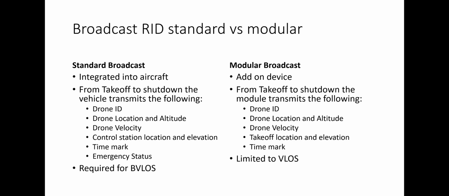Sorry, another question about the GCS. If this module on the drone is transmitting a location that it receives from the GCS, correct? What if the drone flies far enough BVLOS, or there's something in the way and it loses the Bluetooth signal?